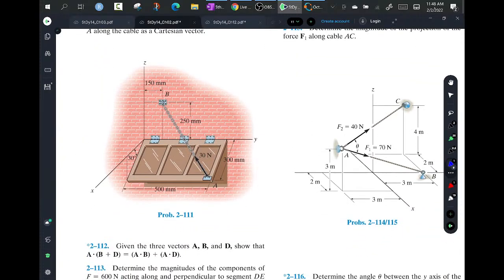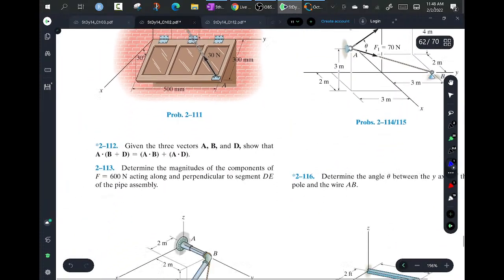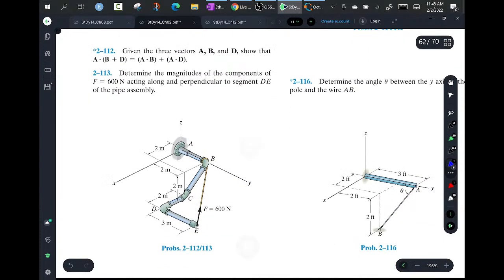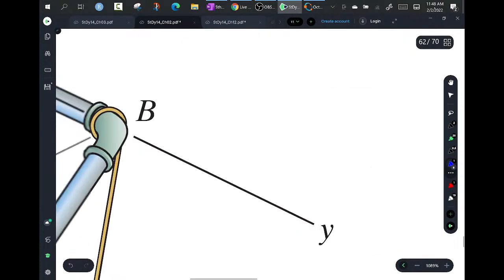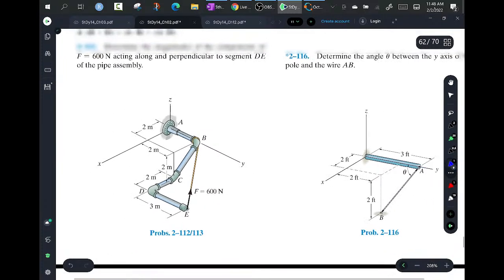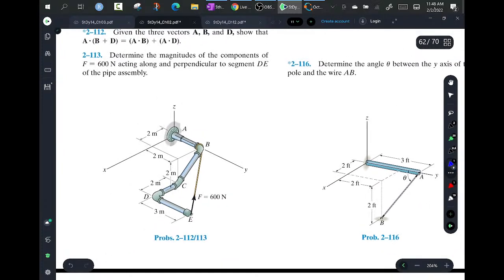Same thing here. Oh, here's a good one. Well, there's a good one next to it, too. So here you got a bunch of pipes together, and this thing is pulling it. Well, obviously, it's going to be pulling it in such a way that it's probably going to want to twist and do a lot of stuff. It looks like the rope is attached to here. It's going to want to twist and do a lot of things to this.